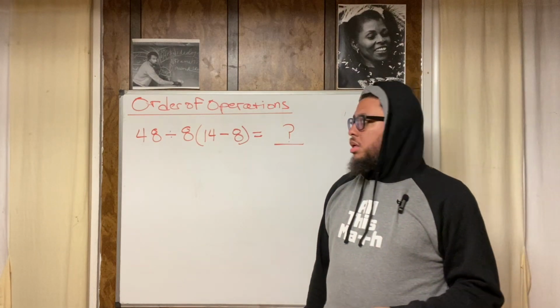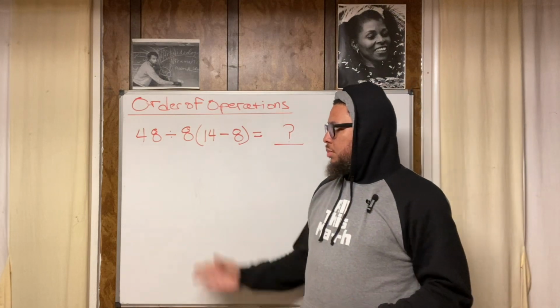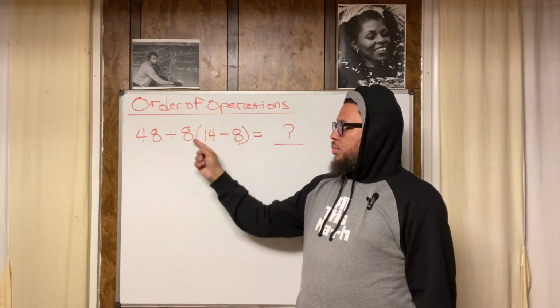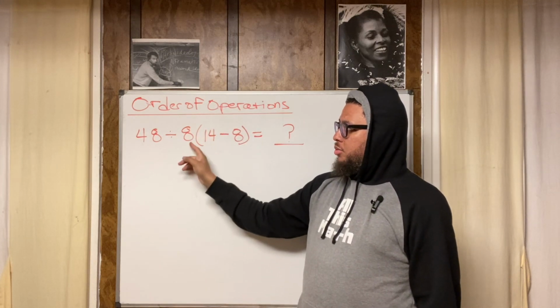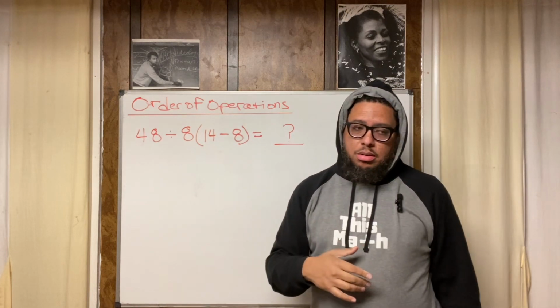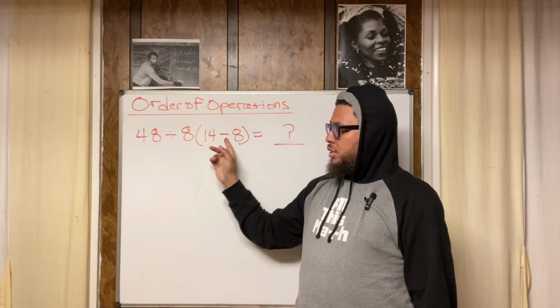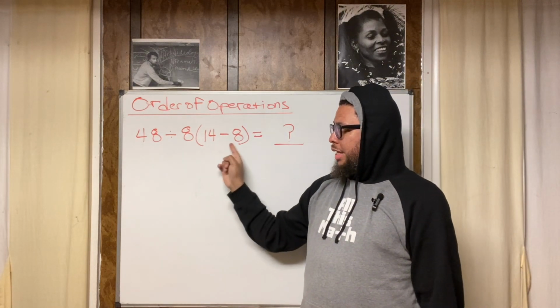48 divided by 8 times 14 minus 8. All right. So the mistake that you made was you have to refer to this as a quantity. This expression inside the parentheses is called a quantity. So it's 48 divided by 8 times the quantity of 14 minus 8, or you could say the difference of 14 and 8, because subtraction yields a difference.